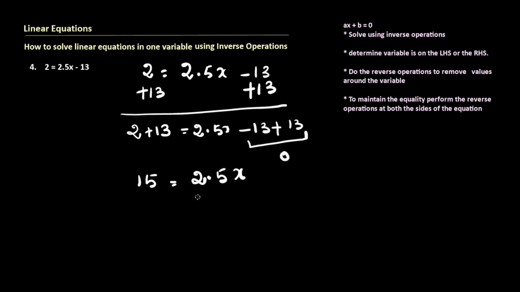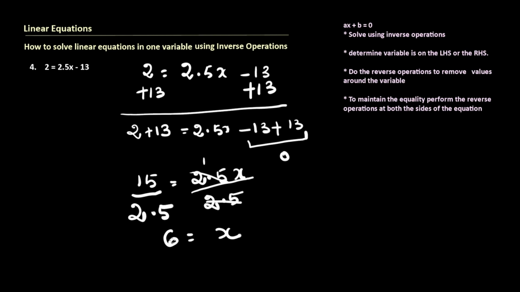Since it's a multiplication, we are going to divide the right hand side of the equation by 2.5 to remove it from that side. We do the same operation on the left hand side too. That makes 2.5 divided by 2.5 become 1 and only x remains on the right hand side. 15 divided by 2.5 is 6. So our value of x is 6.